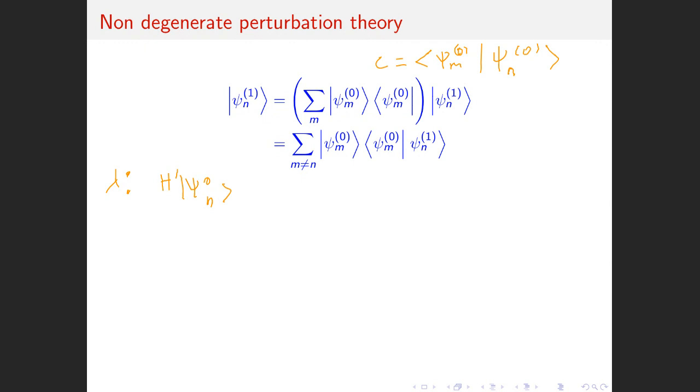And if you look at the term of order lambda, H0 psi_n^1 plus H prime psi_n^0 equals E_n^1 psi_n^0 plus E_n^0 psi_n^1.